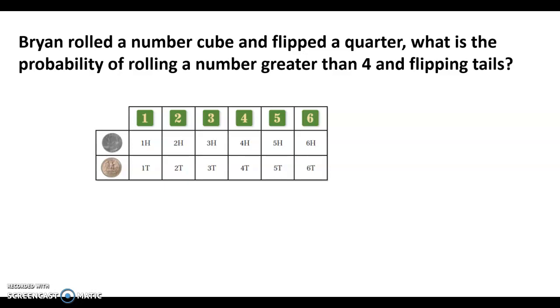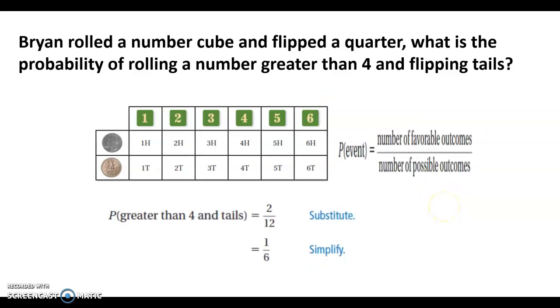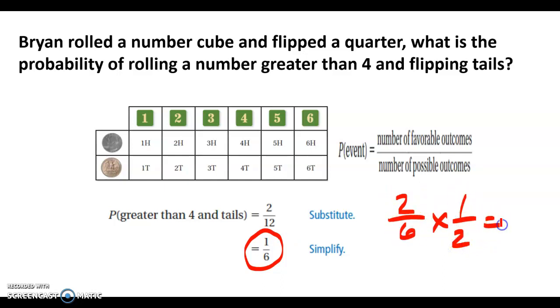So the numbers greater than 4 would be the 5 and the 6. And then flipping the tails. So we would end up with the 1/6 again. So if you had 2 over 6 times 1 half, that would end up being 2/12, which simplifies to 1/6.